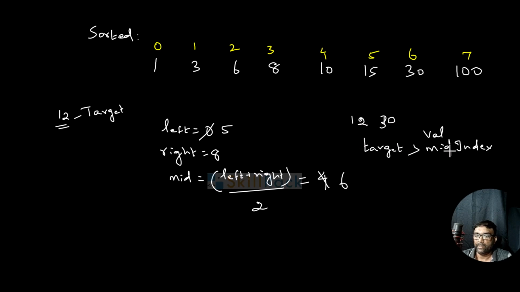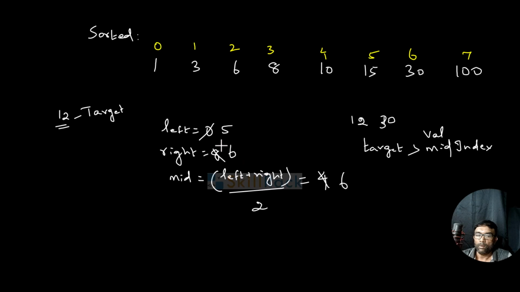Is the target greater than the value at the mid index, 6? No. The target is less than or equal to it. In this case, you say right is equal to mid. So you update right with 6, because mid is 6 now.